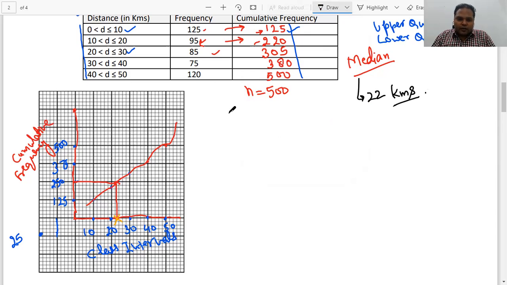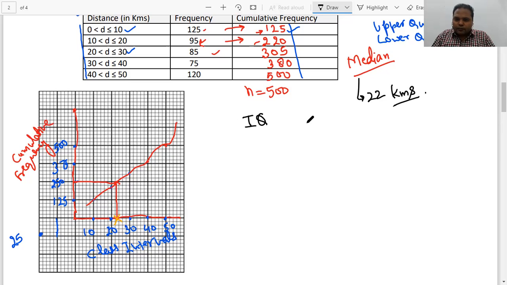Now what we are required here is to find out the IQR, that's interquartile range. So first we find out the 3/4 of n, and that's of the 500 data. So 375 is the 3/4.